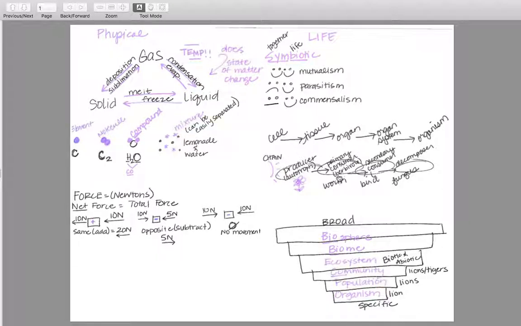And then they pass their energy on to a primary consumer, which could be like the herbivore. So that'd be like a worm in this situation. And then that energy gets passed on to secondary consumers. And then that could go on for several links. But the most important thing to keep in mind is that the decomposer always ends it and recycles everything back to your producer, basically.